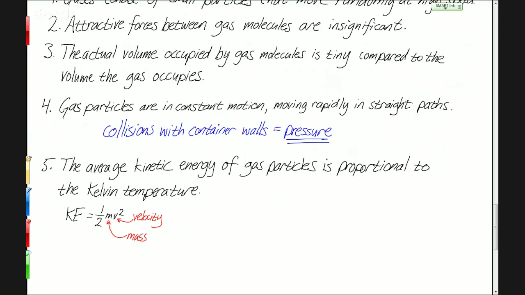Since they're at the same temperature, they have the same kinetic energy. So if they have different masses, one has to be going faster than the other to have the same kinetic energy. So let's think about how this fits with the gas laws that we've just talked about.